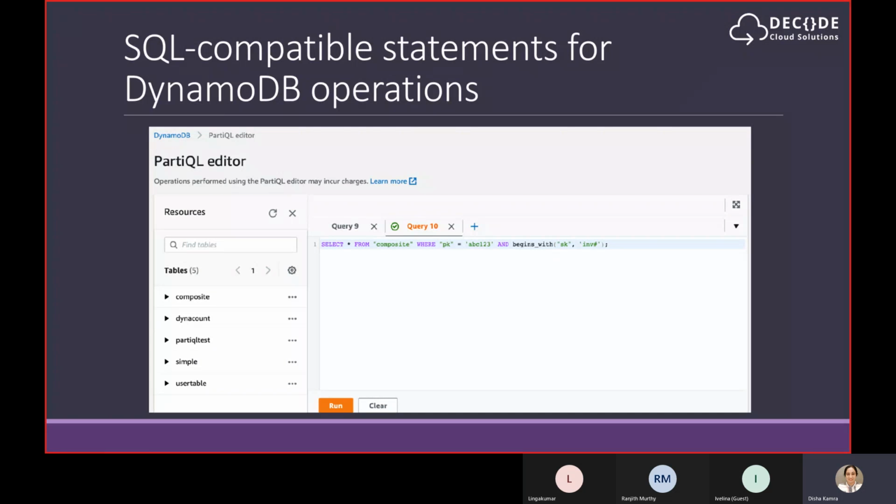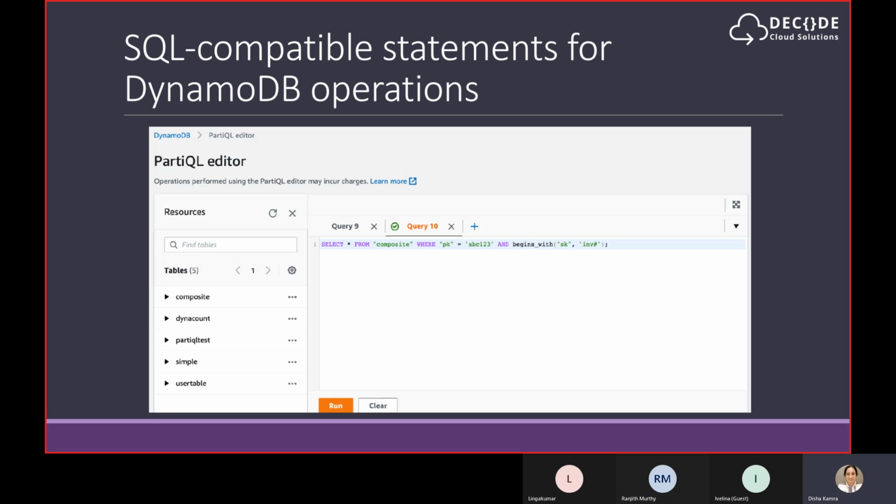They wanted to be able to describe their data operations using something they are familiar with. So using the PartiQL support in DynamoDB, as you can see in this example here, you can write just a simple SQL query.